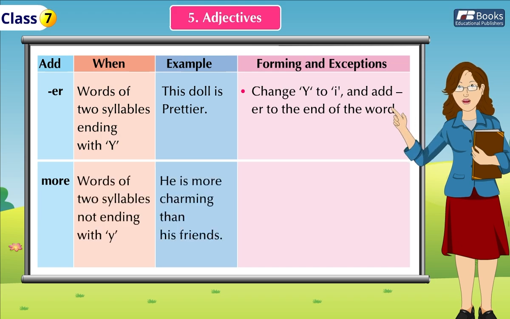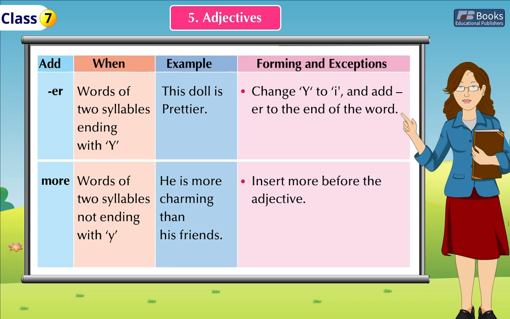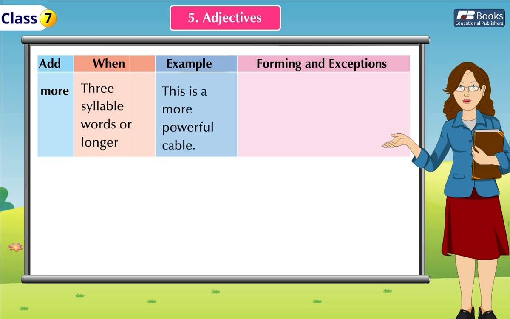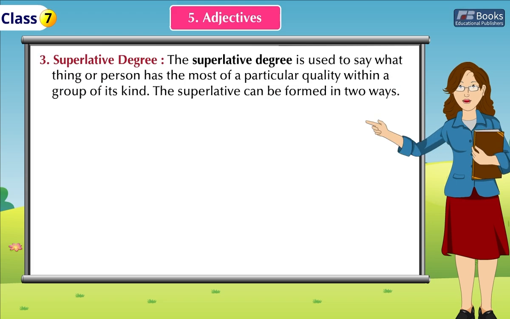Example, he is more charming than his friends. Forming and exceptions: insert more before the adjective. Add more when words are 3 syllables or longer. Example, this is a more powerful cable. Forming and exceptions: insert more before the adjective.